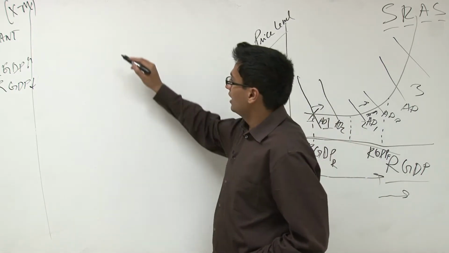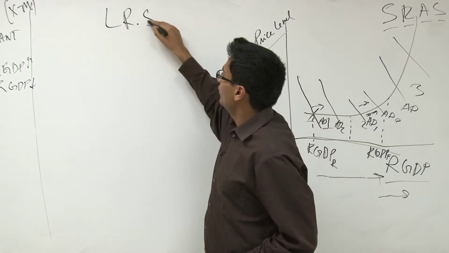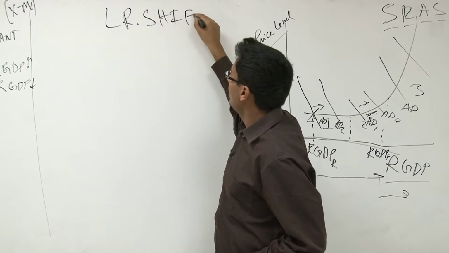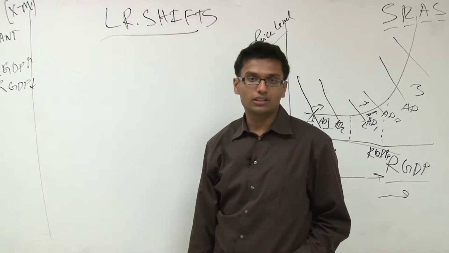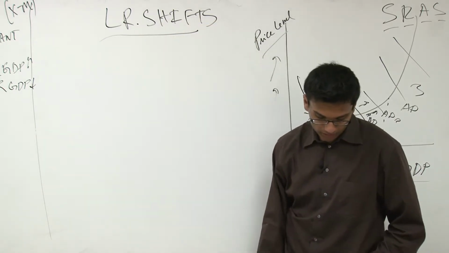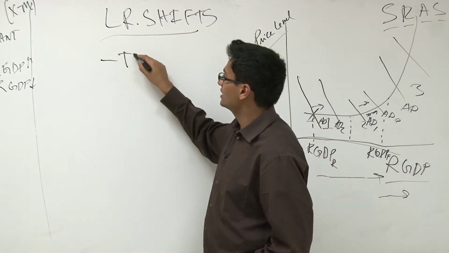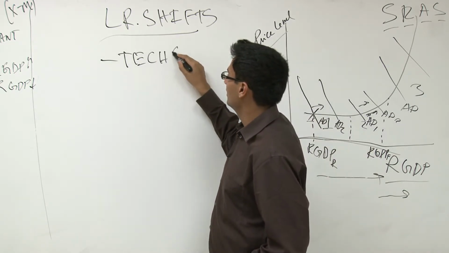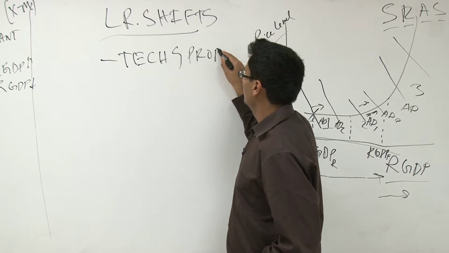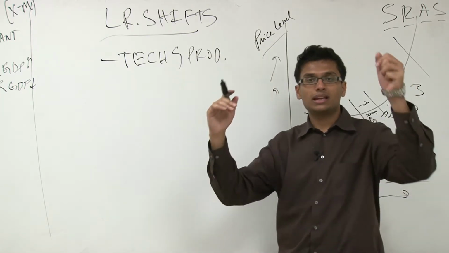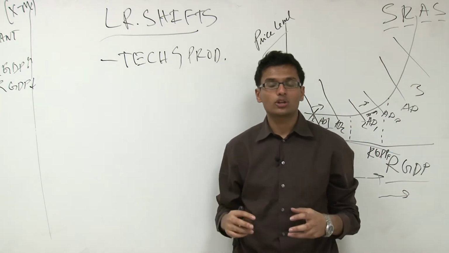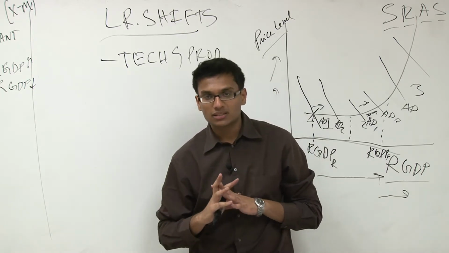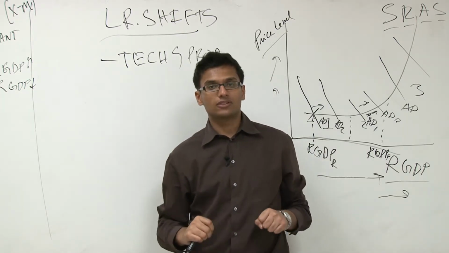Let's start off with the LR. Long run shifts for AS. What shifts the aggregate supply in the long run? Well, let's start with technology and productivity. Why are these important? Let's continue this Ferrari example. In my factory, all of a sudden, I have a machine that makes twice as many Ferraris as I've done before.